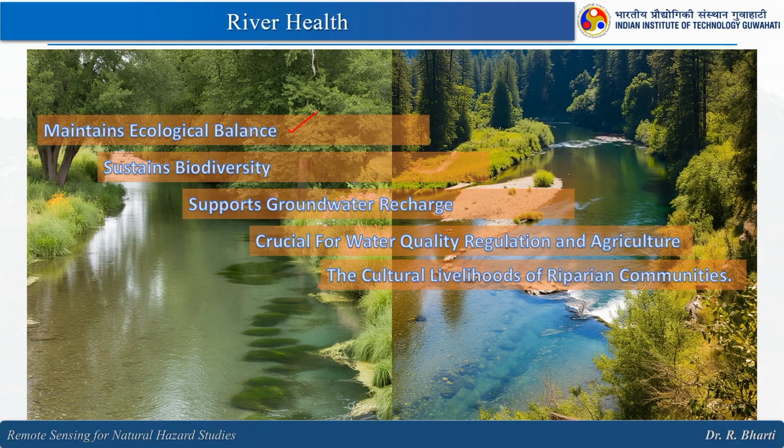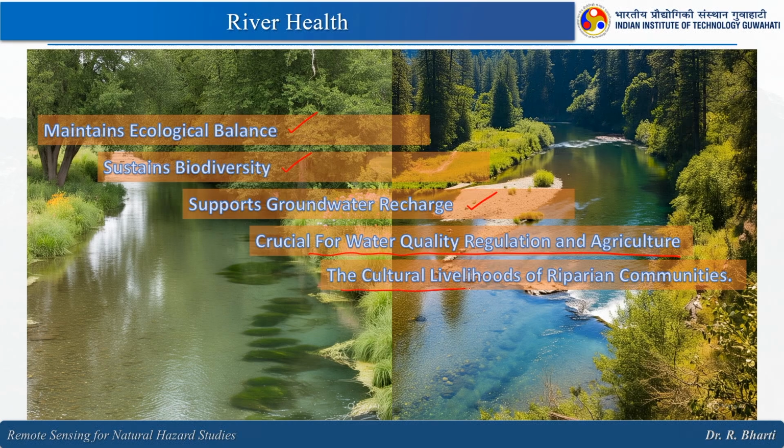River health is important to maintain the ecological balance. You might have some idea about ecological balance. It sustains biodiversity in that particular river, supports groundwater recharge, and is very crucial for water quality regulation and agriculture activities.